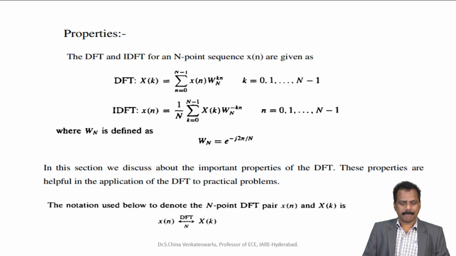The notation used below to denote the n-point DFT pair x of n and x of k is x of n DFT with n x of k. The notation is based on this n-point discrete Fourier transform pair.